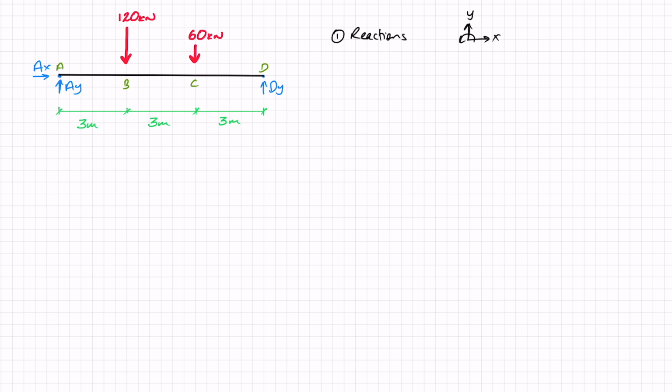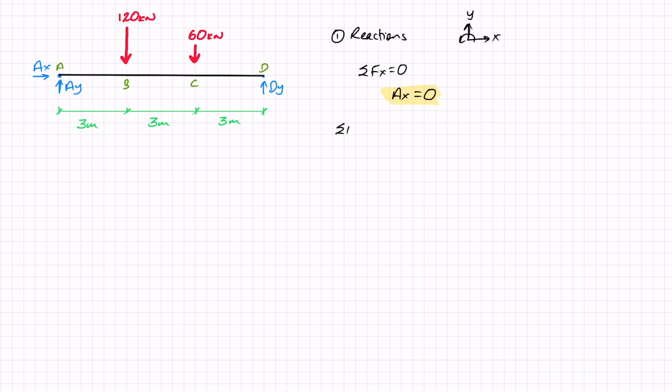I'm going to start off with the sum of forces in X, because that is the simplest. I've already identified that there are no horizontal forces in the X direction. So in X, I have the reaction force AX plus nothing else, so this equals 0.